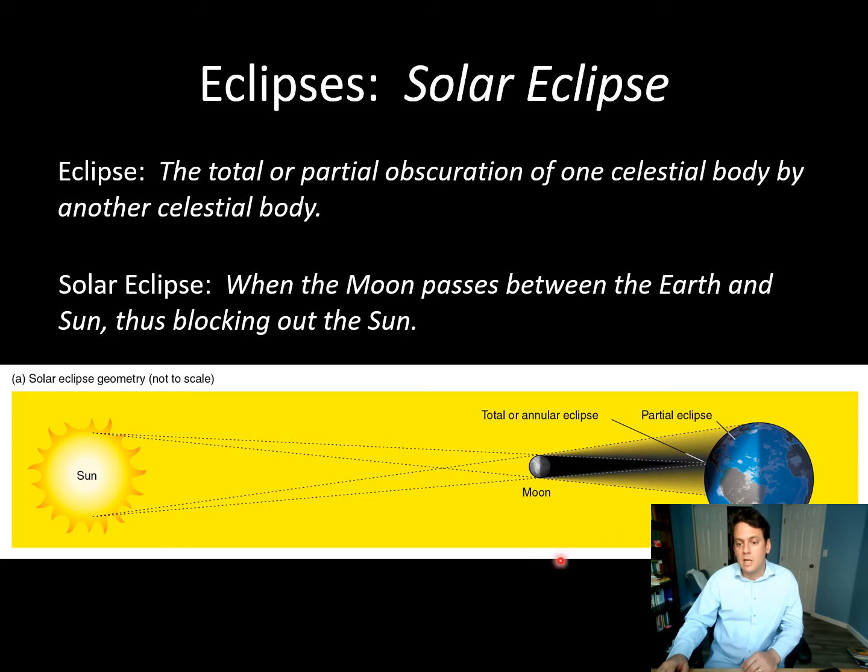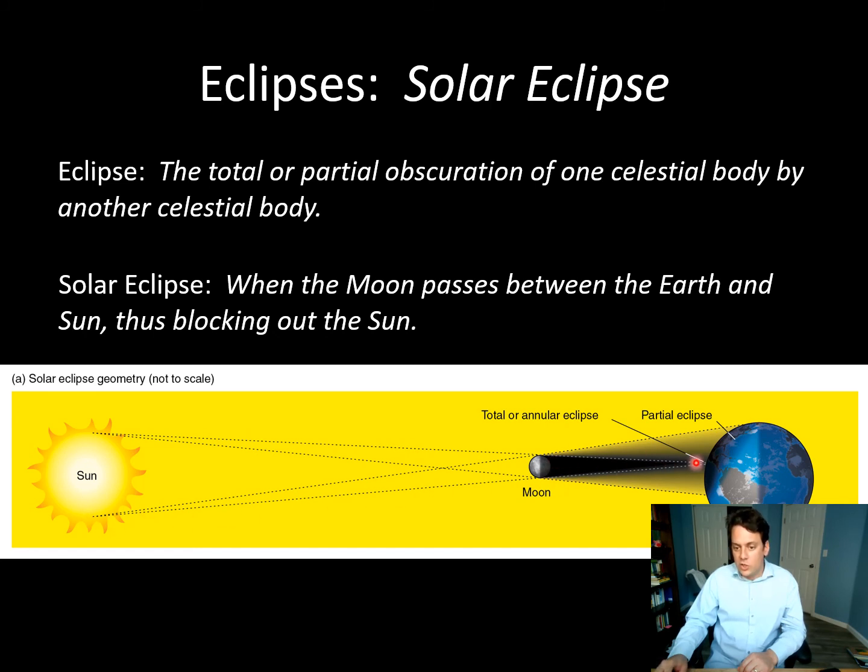It just depends. In this sketch, if you imagine a ray coming from the top of the sun, and it skirts by the top of the moon, it's not going to get blocked, and if it skirts by the bottom, it won't get blocked.